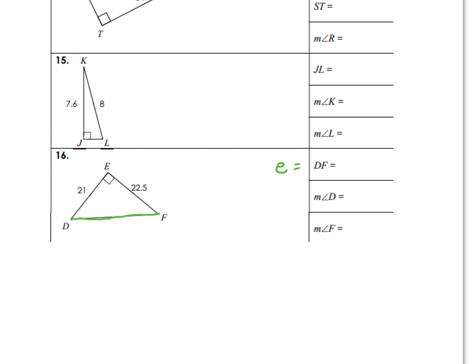If we are looking in reference to this angle D, and we are given this side and this side, which trig ratio are we going to use? Tangent. So we're going to say that the tangent of D is equal to 22.5 over 21. And we're solving for an angle measure, so remember you're doing inverse tan, right?